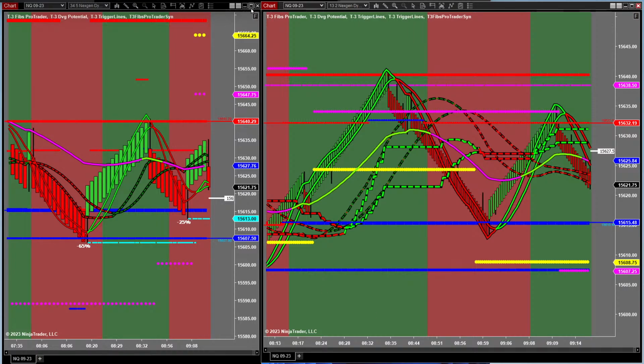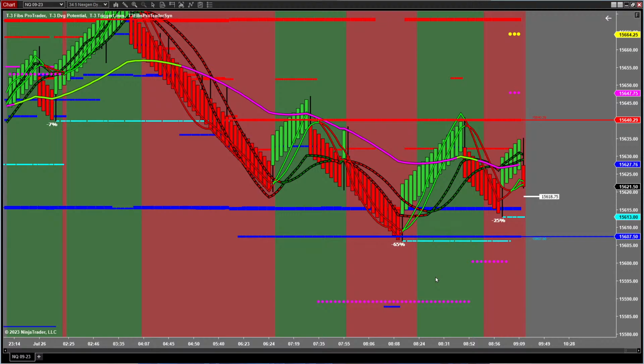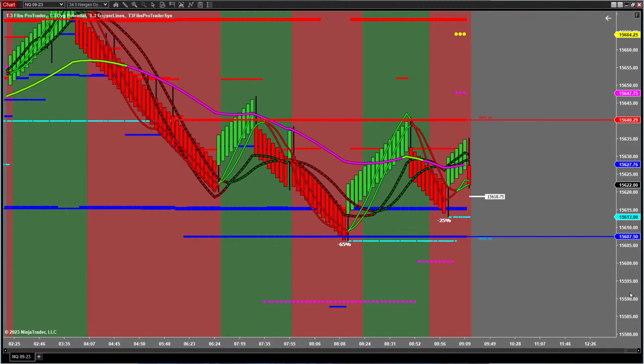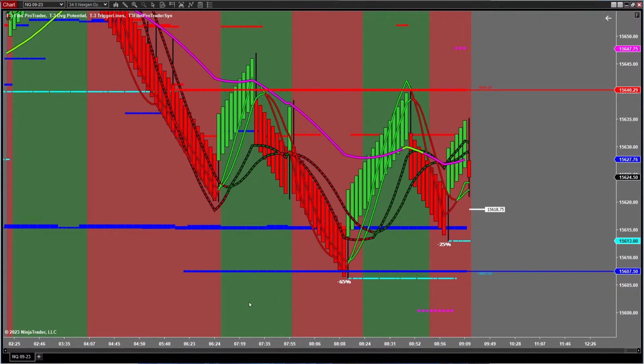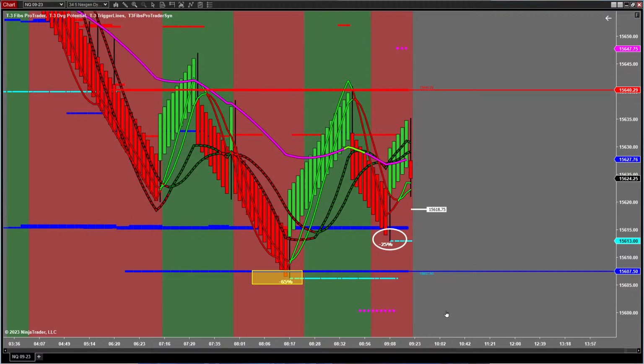So let's get a read of our big chart on the NASDAQ and try to figure out what the hell's going on. Tell me if I'm off base here. We have divergence from the low at fibs, which is good. We have a second divergence from the low from fibs. That's good.